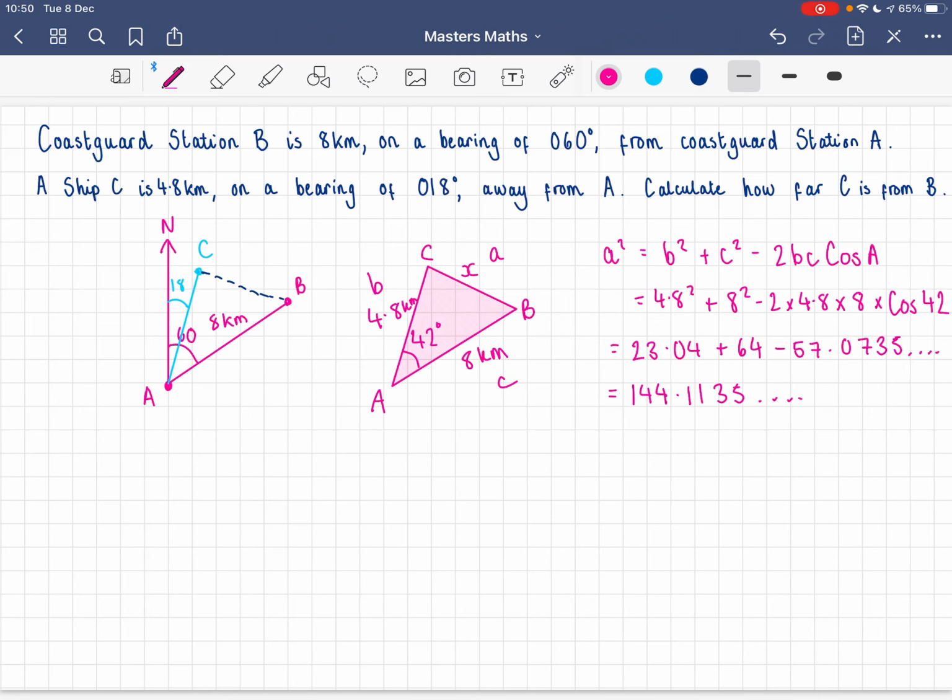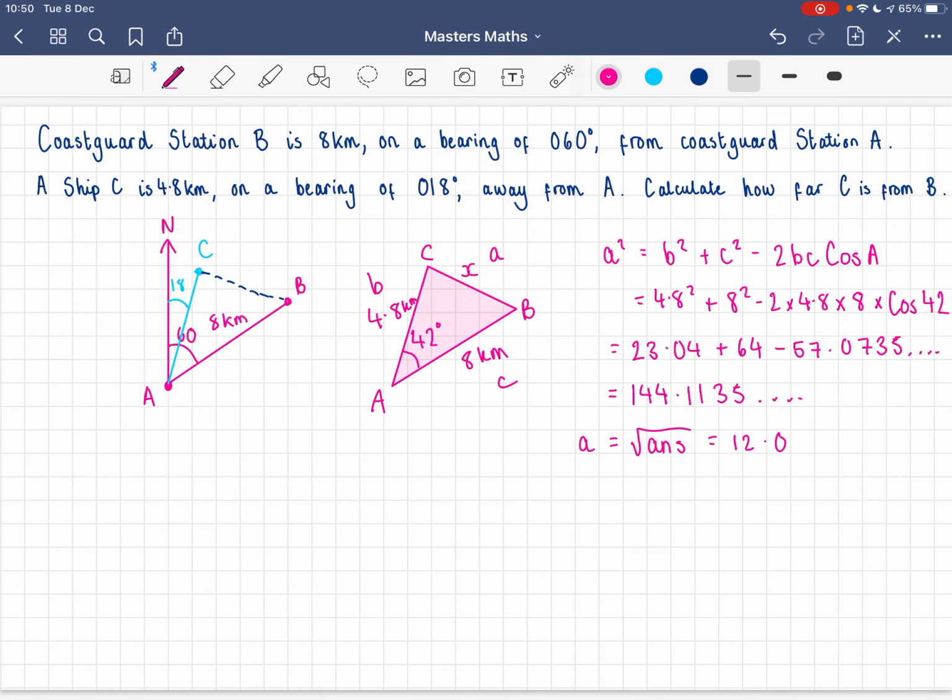Remember that this is a squared and I want a, so to find a I'm doing the square root of that answer, and that gives me 12.004. So to three significant figures, 12.0.